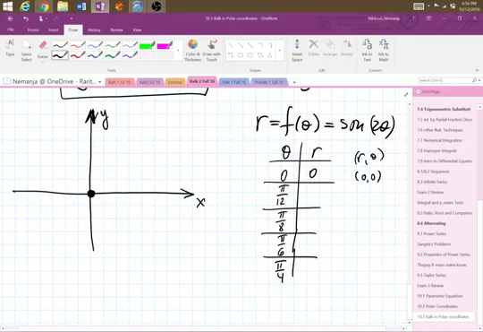Then we have pi over 12. Pi over 12 times 2 is pi over 6. Sine of pi over 6 is 1/2. So I have 1/2 and pi over 12. So if this is pi over 4 and this is pi over 6, then half of that is pi over 12.